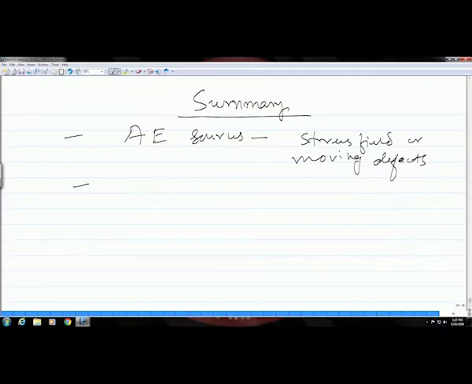Okay. And then we talked about the sources with respect to different kind of material and systems, like in metals, composites and concrete. And we had picked up couple of examples.